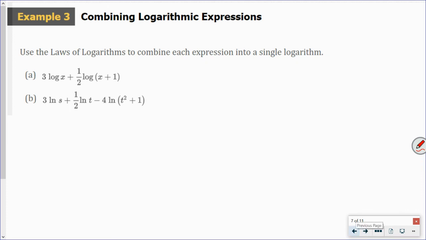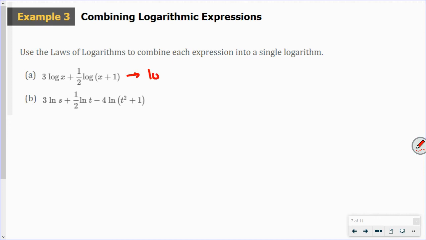Okay, so here, this will be our last one here, and we're going to use the laws to combine or condense each expression. Okay, so we notice first that we have some coefficients out front, so those go to the exponent.